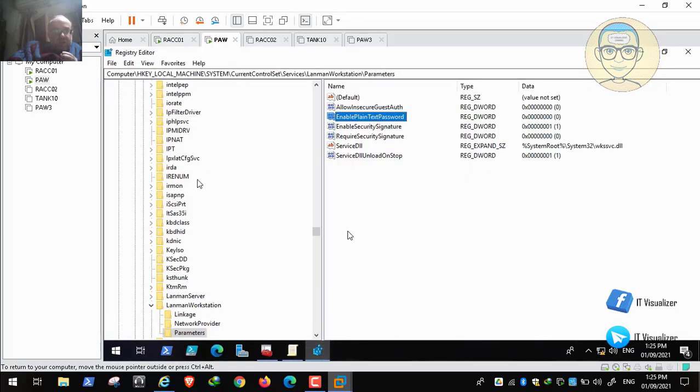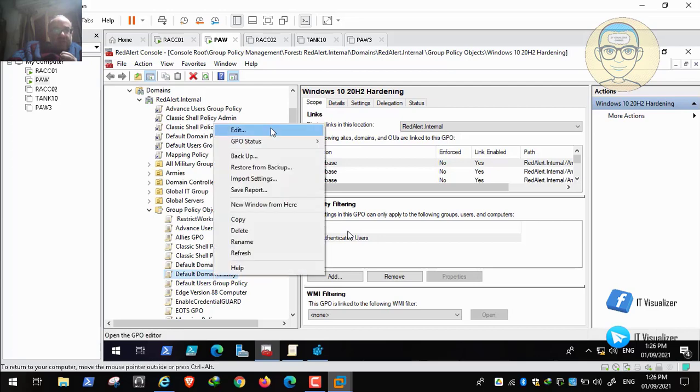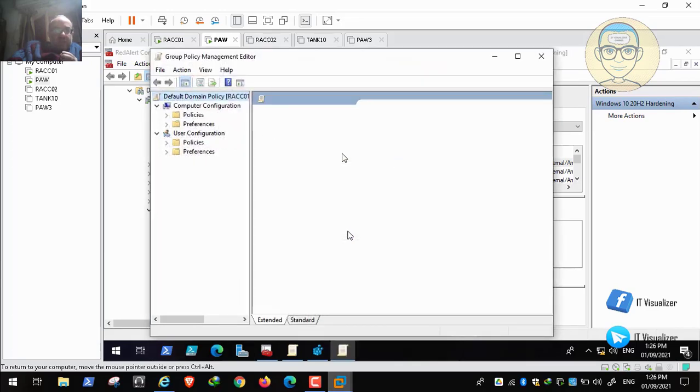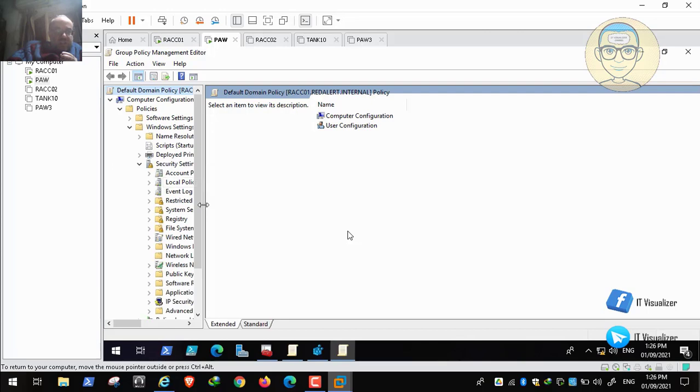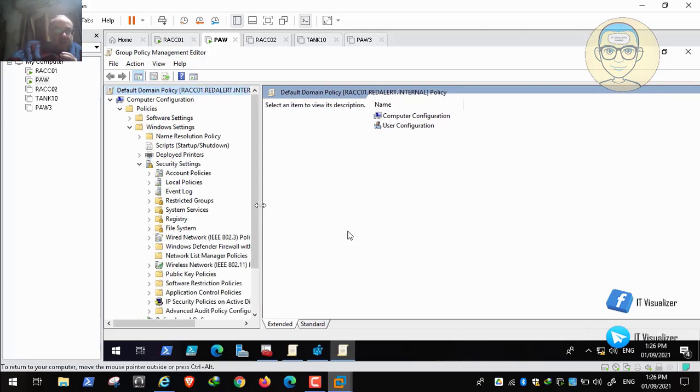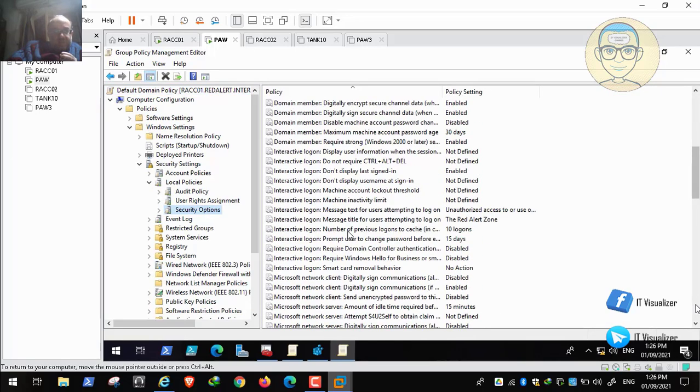I think I need to check my default domain policy again to see if I have this option enabled or not. By the way, we are working on a group policy to harden the Windows 10 workstations. This is the default domain policy. It applies to both workstations and servers. So let's see if I have already configured this option in my default domain policy.